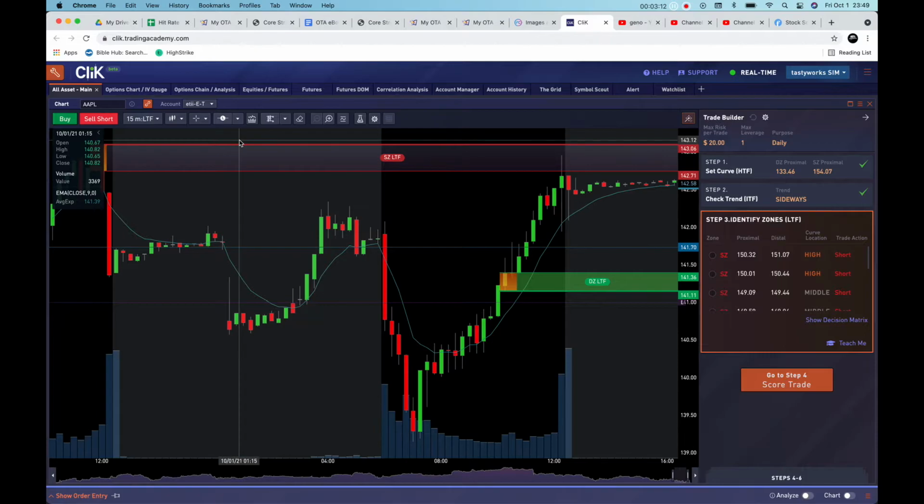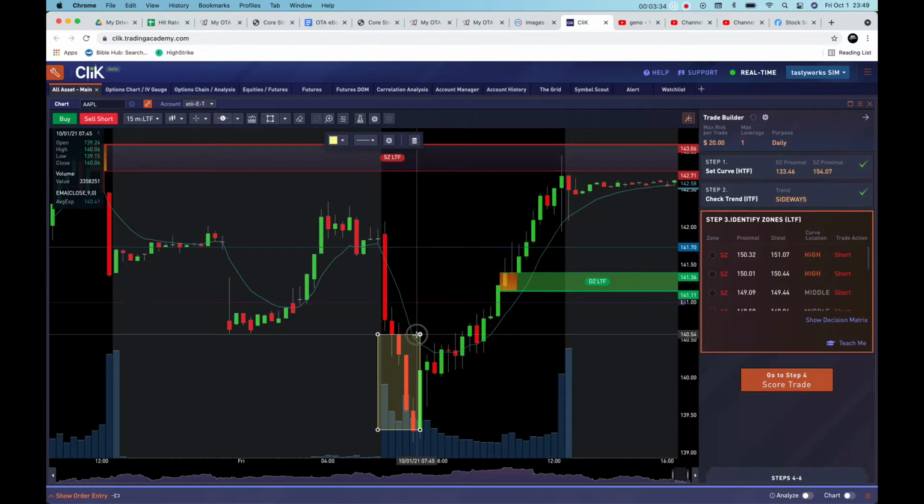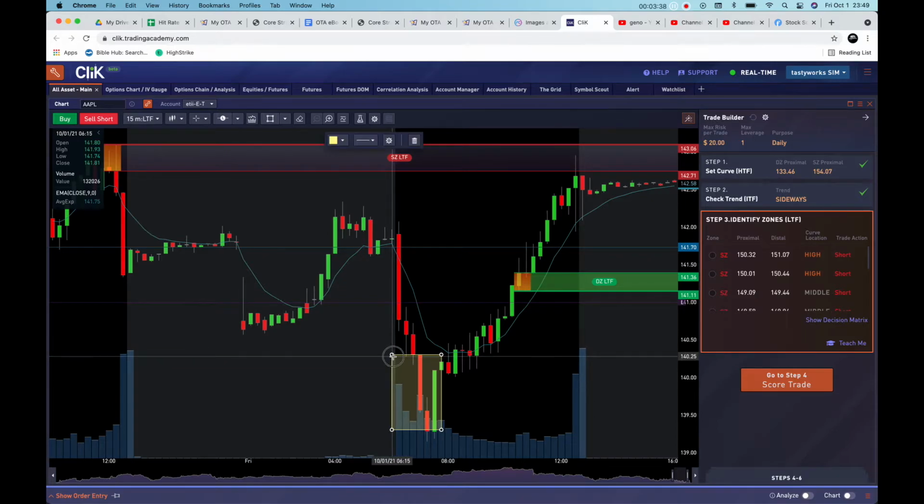So we'll look at this section here. All right, so here we can see there's a drop, kind of bases a little bit, and then it comes up. So if we just take this section here, we could say that this is a drop, base, rally.